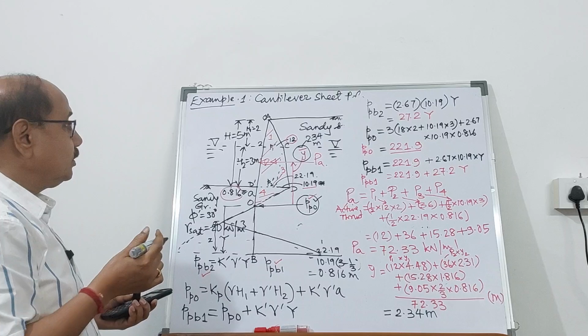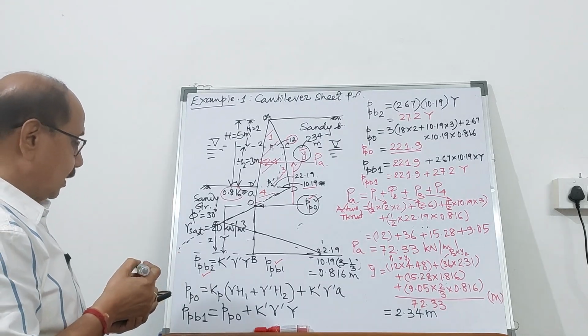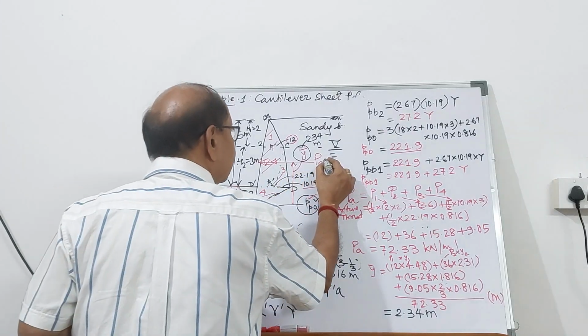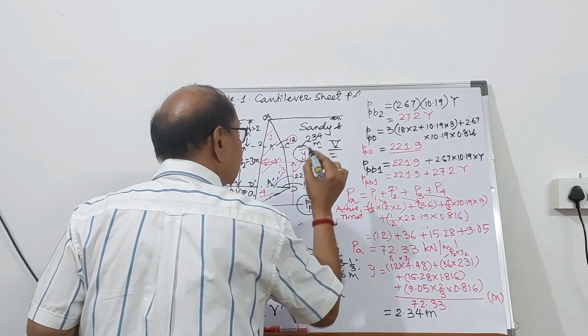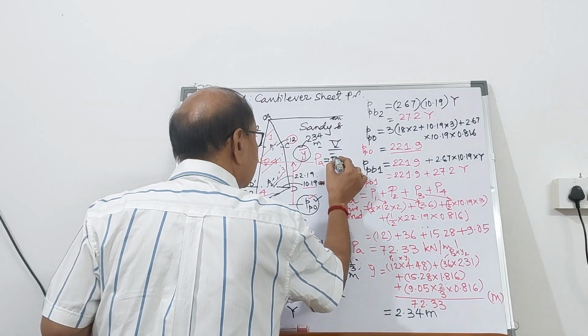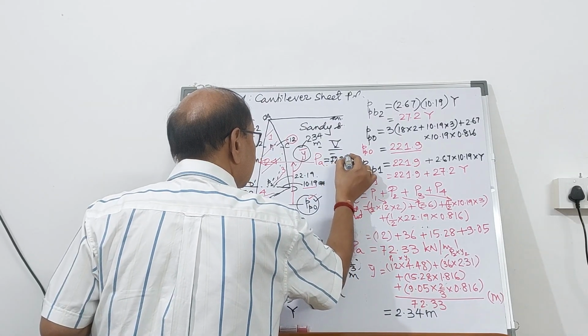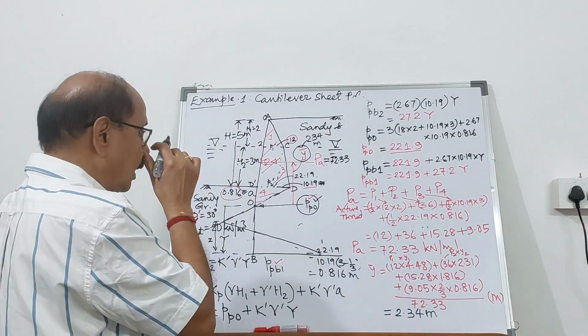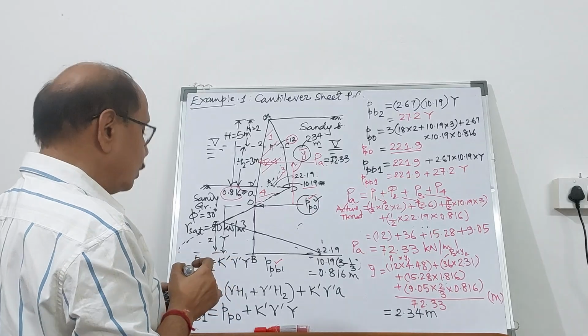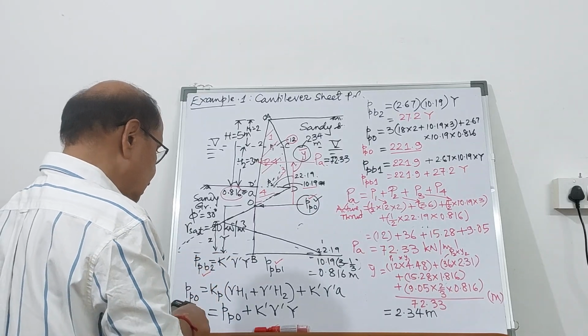So the magnitude of everything we have calculated, PA is going to be 72.33 and Y bar 2.34. So we have been able to calculate this.